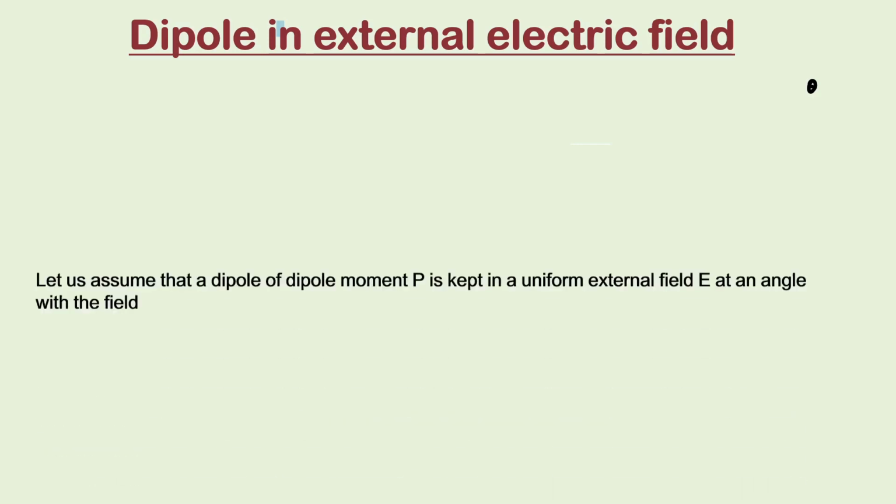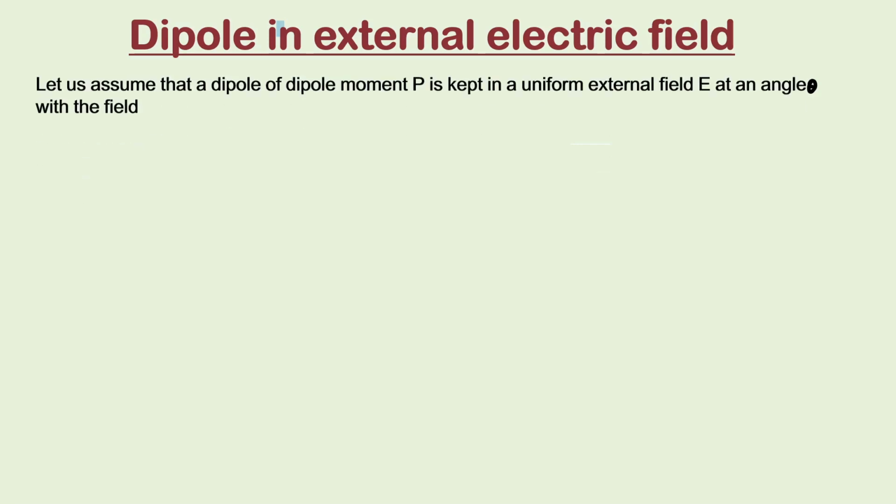Hello everyone. So in this topic we talk about dipole in external electric field. Let us suppose a dipole having dipole moment P is kept in a uniform external field whose intensity is given by E, such that the dipole moment and external electric field E make angle theta.